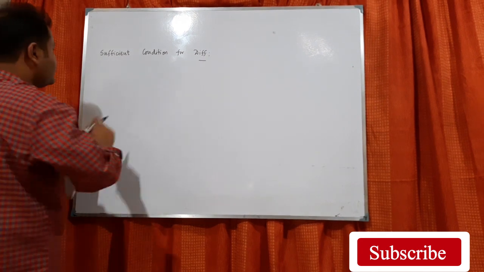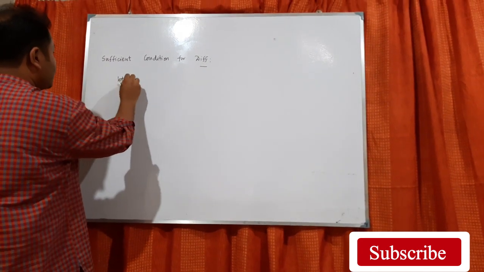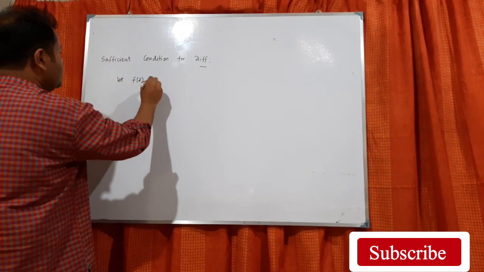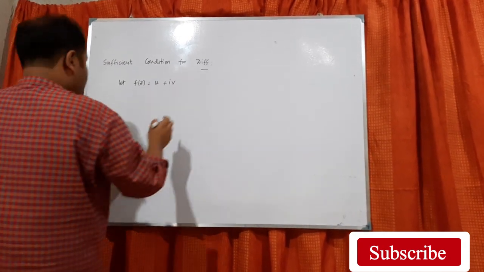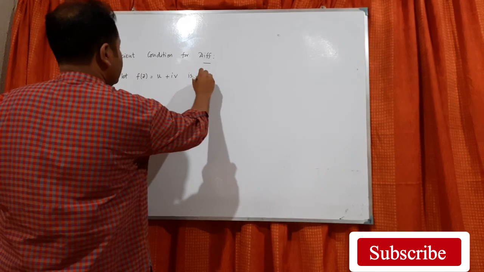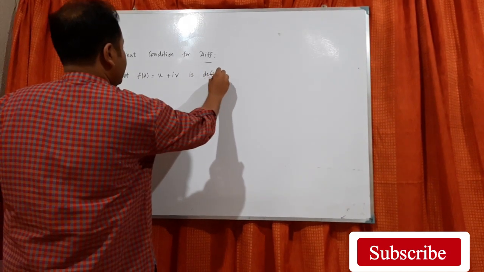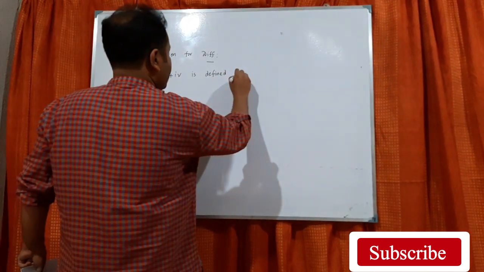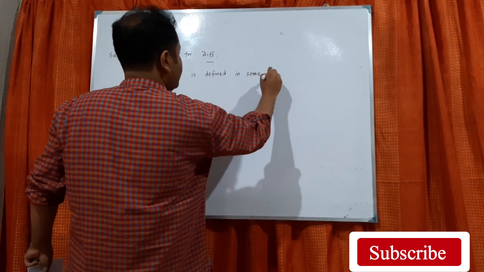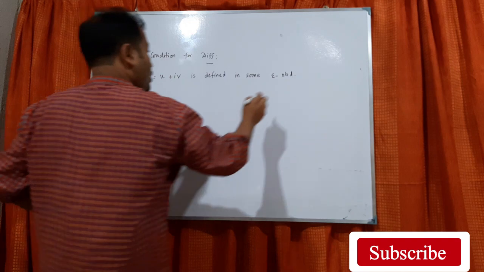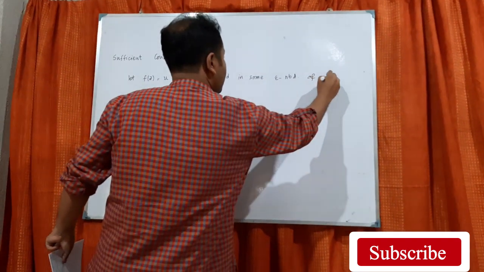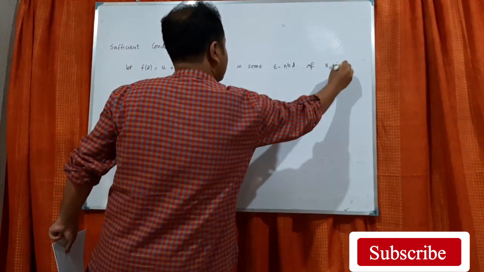Let f(z) equals u plus iv be defined in some epsilon neighborhood of x naught plus i y naught.